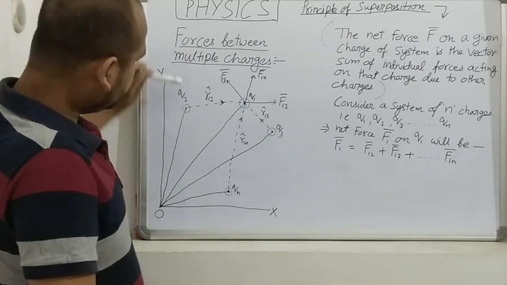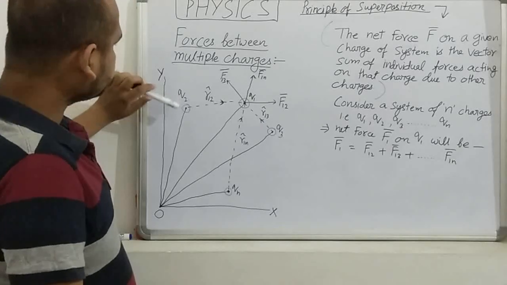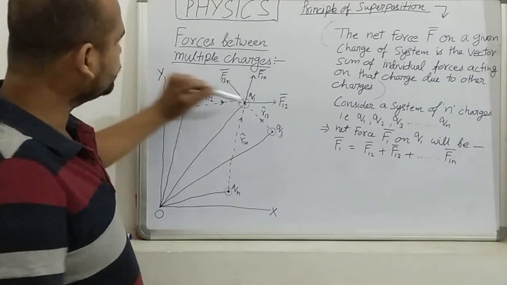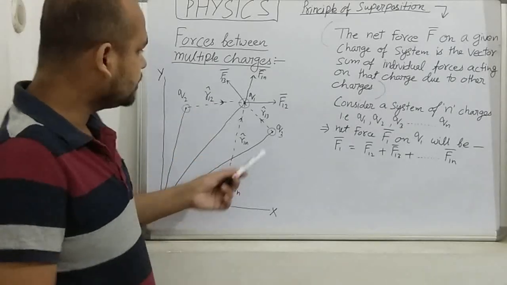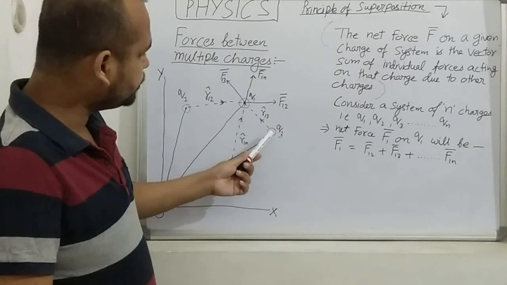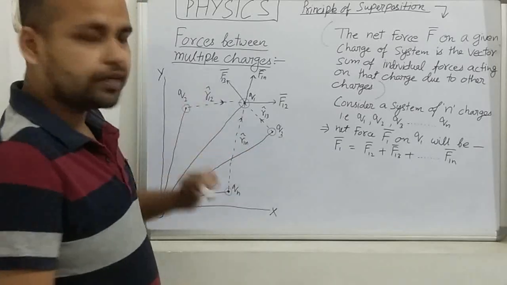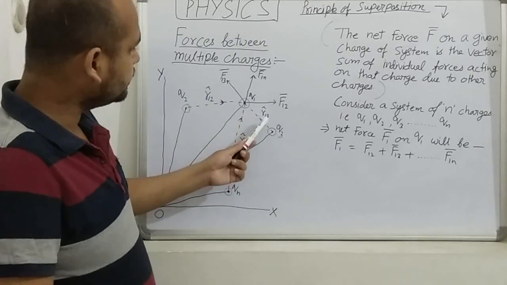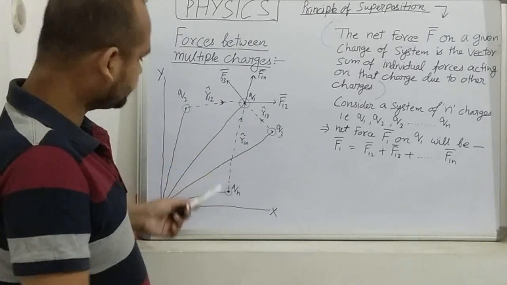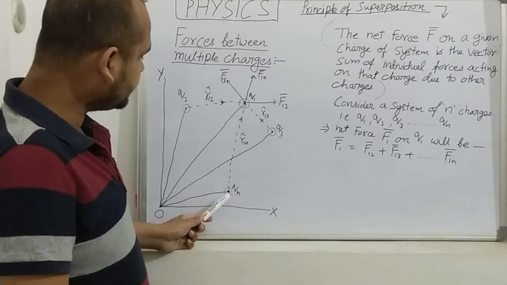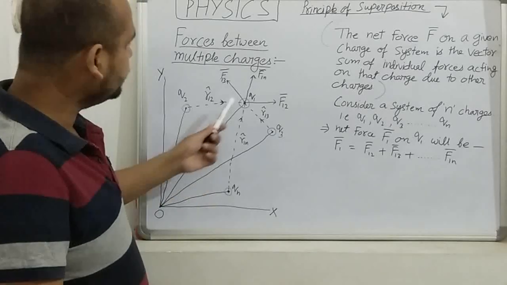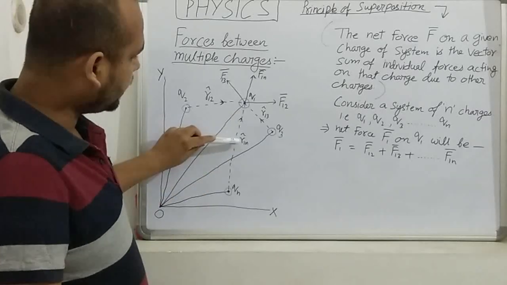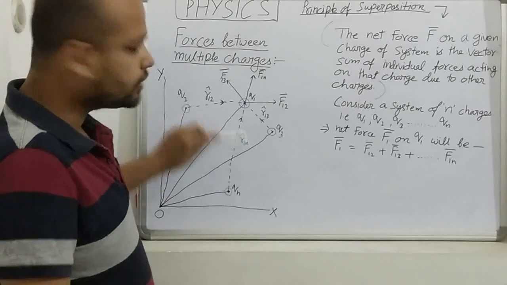So the unit displacement vector from charge q2 to q1 is r12 cap. Similarly, the unit vector from charge q3 to q1 is r13 cap, and the unit displacement vector from charge qn to q1 is r1n cap.